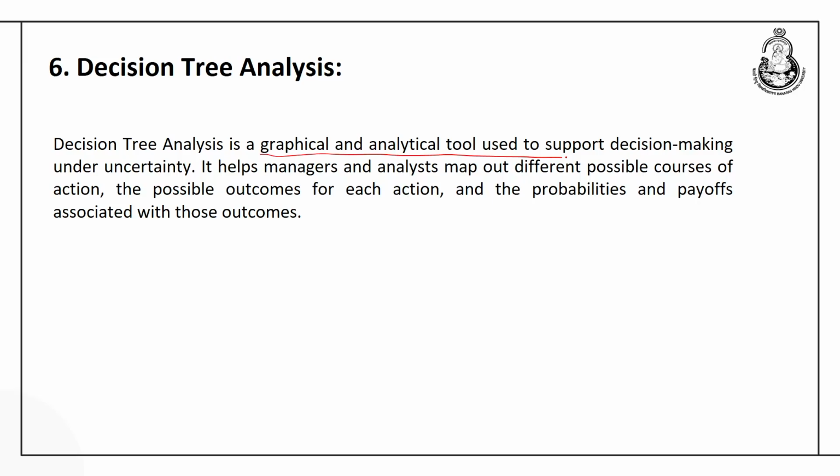Decision tree analysis is a graphical and analytical tool which is used to support decision making under uncertainty, and this technique helps managers and analysts to map out different possible courses of action, the possible outcomes for each action, and also the probability and payoffs associated with those outcomes.